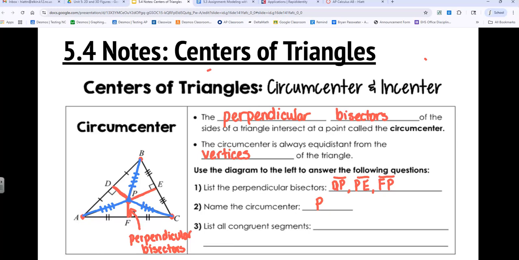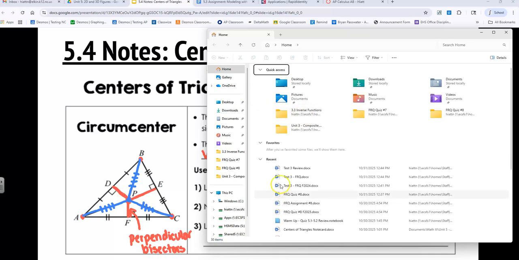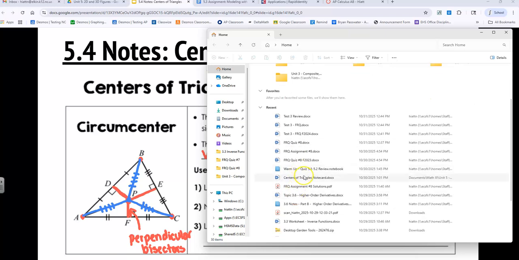If you want to do your little note card as we go along, this is the first box that you've got there, the top left corner. I would add to it that this is the circumcenter. I would label those perpendicular bisectors, and I would add the little tick marks. In fact, I'm going to pull it up so I can do that. There it is.